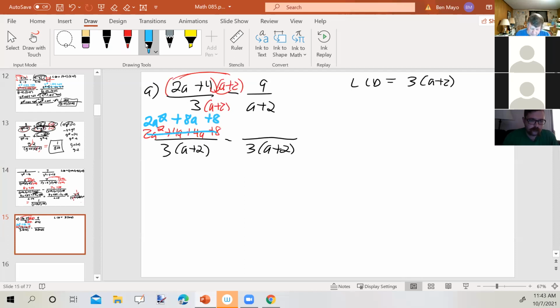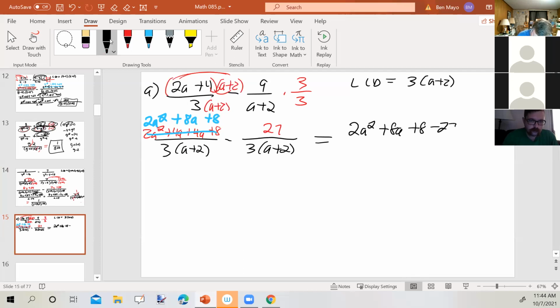Okay. So far, so good? Yeah, that's what I had too. Okay. Second fraction, I'm going to multiply by 3 over 3. So my new numerator is going to be 27. So now I have 2a squared plus 8a plus 8 minus 27 over the LCD.